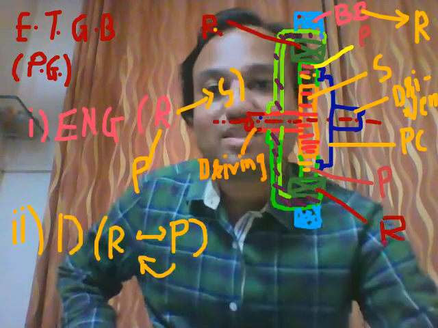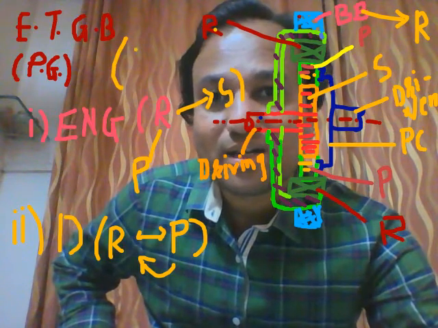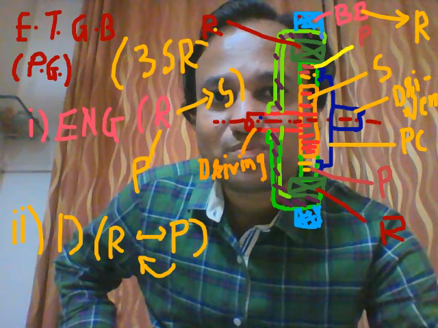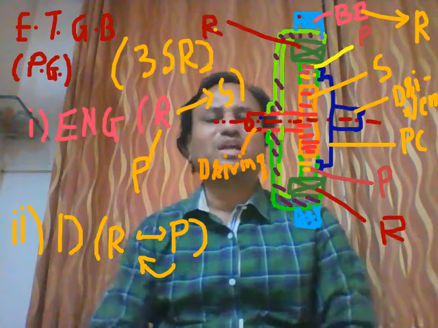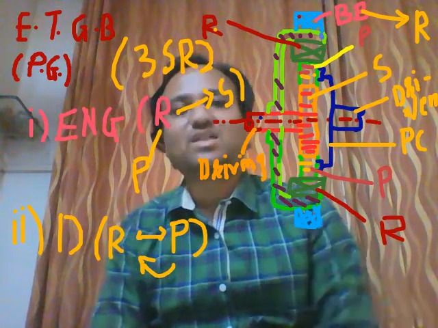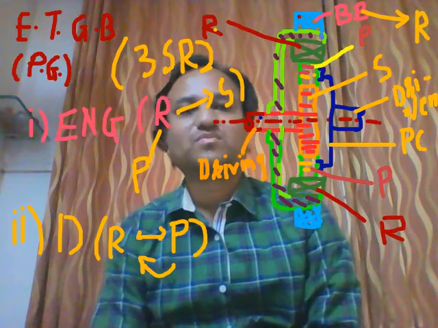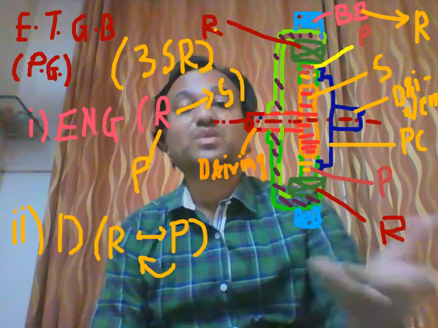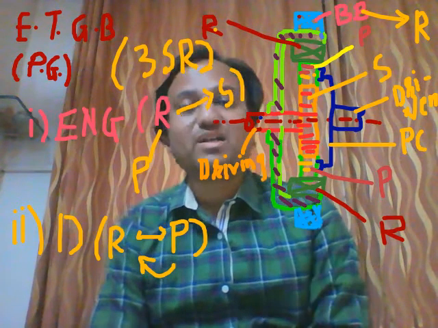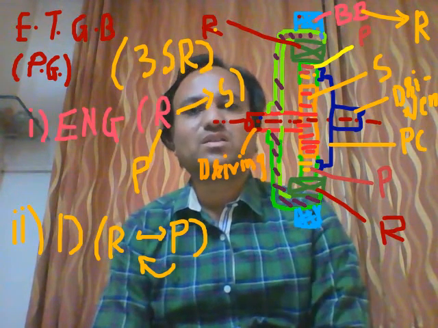So generally this epicyclic gear train, up to 3 speed reduction, that is 3 sets, we can use, generally employed in advanced cars, that is in light duty vehicles, where there is a presence of semi-automatic or fully automatic transmission, generally fully automatic transmission.